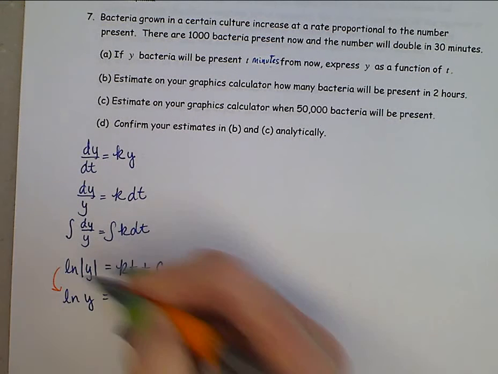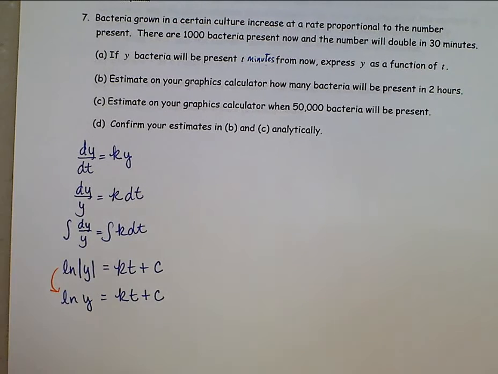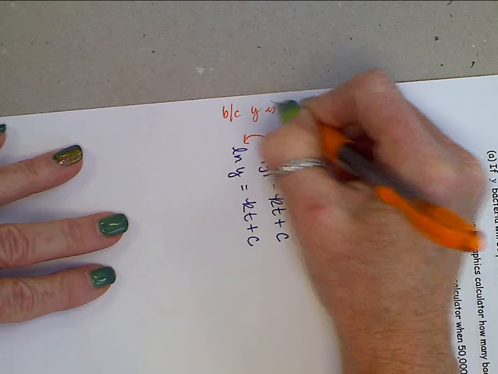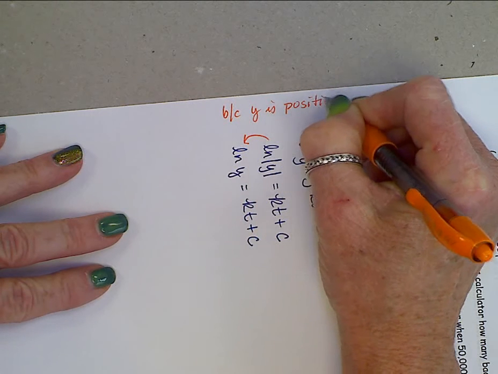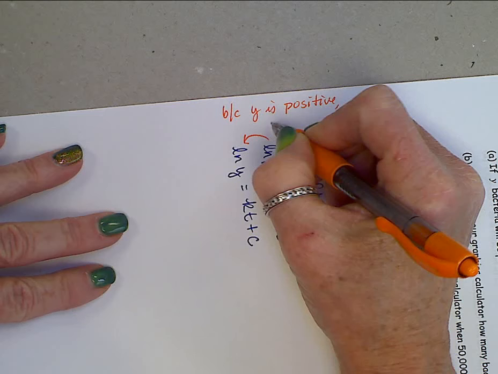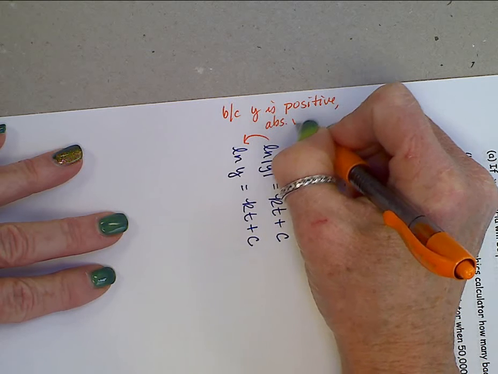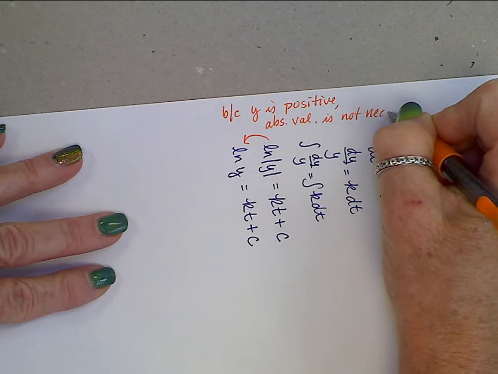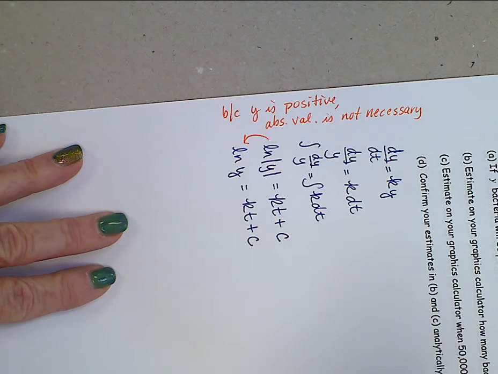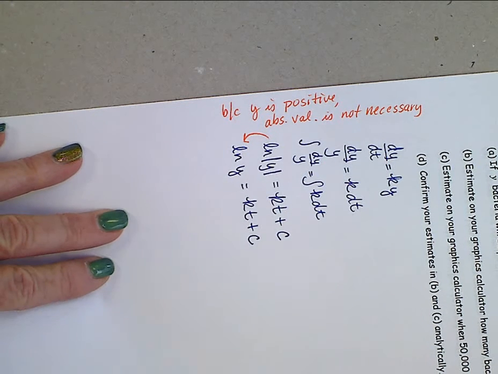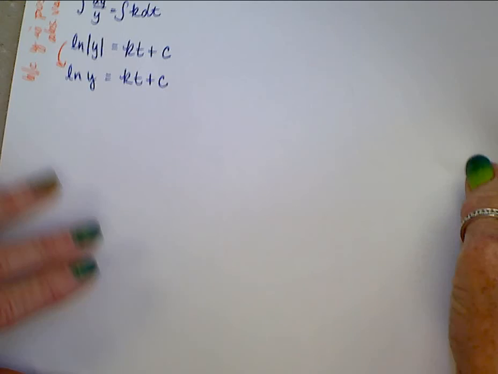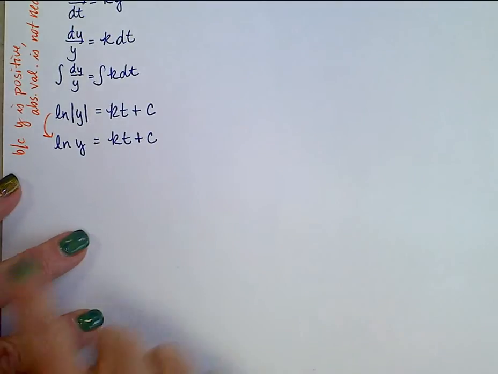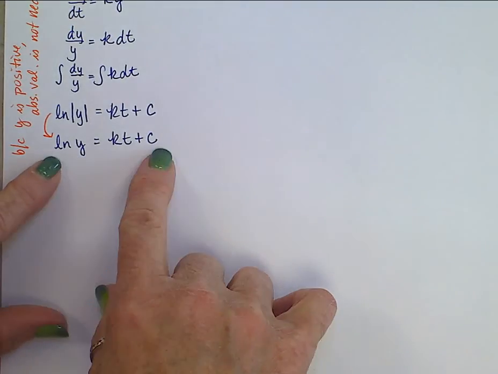I would suggest you put a note to yourself in your notes that says, because y is positive, absolute value is not necessary. Okay, now we need to get this into a y equals.